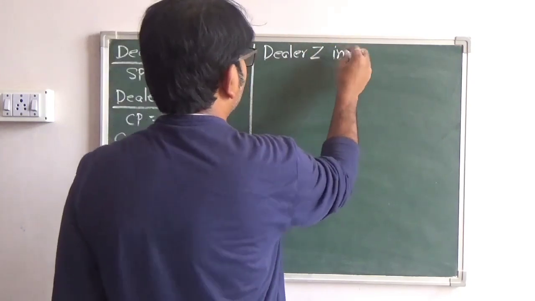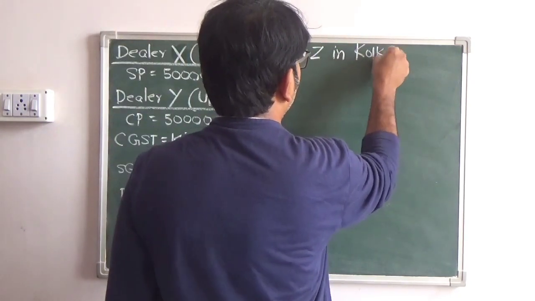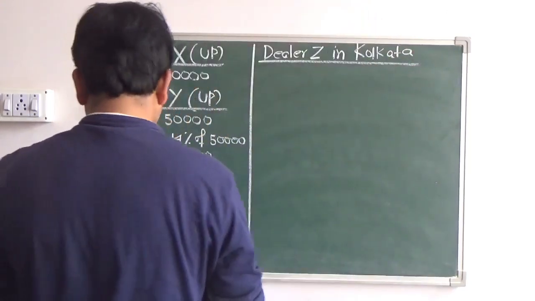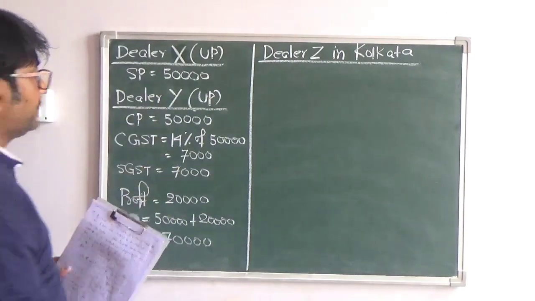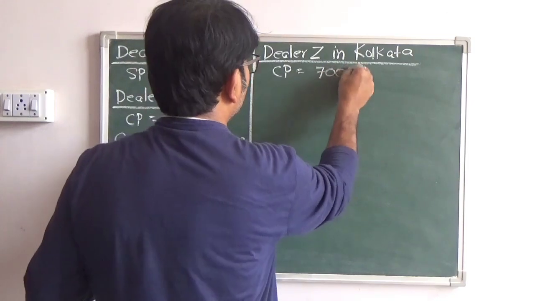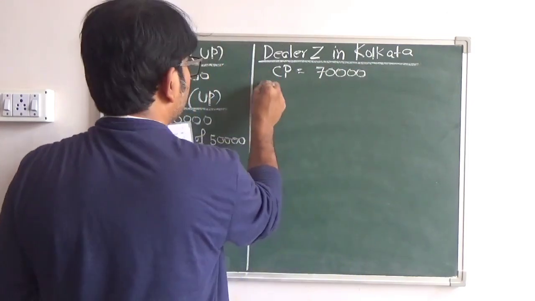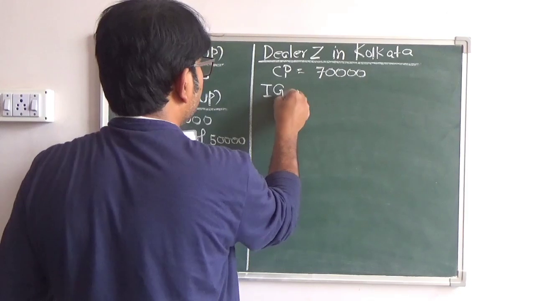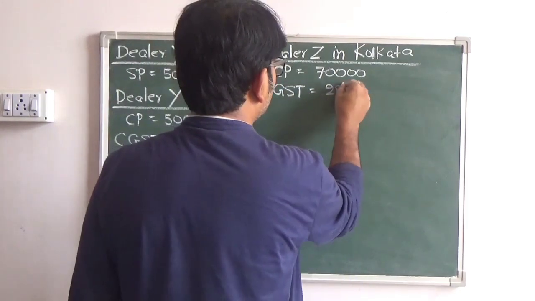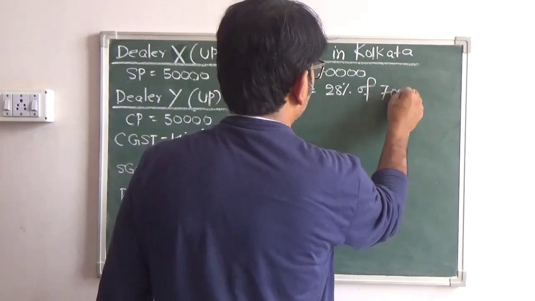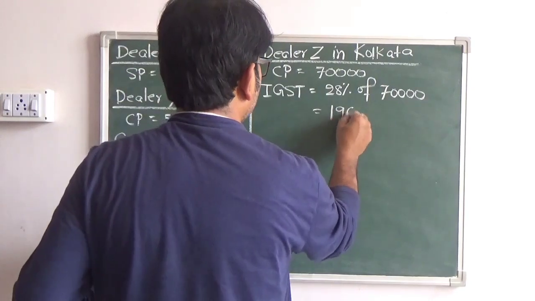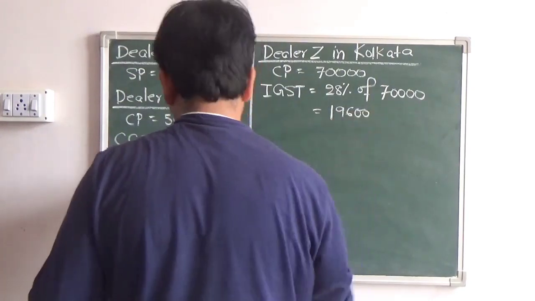Dealer Z in Kolkata. If you look at this, the SP of the dealer in UP is the CP of the dealer in Kolkata, CP is equal to 70,000. It is interstate, so IGST is applicable, and that is 28% of 70,000, which comes to 19,600.